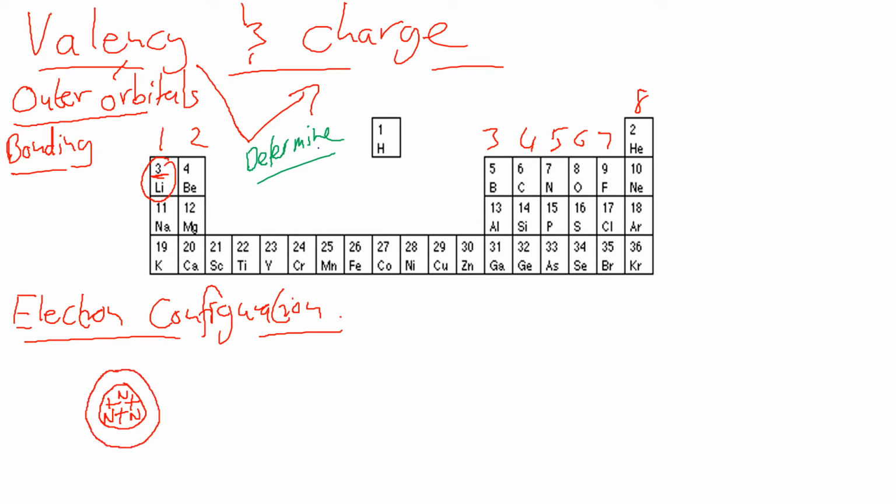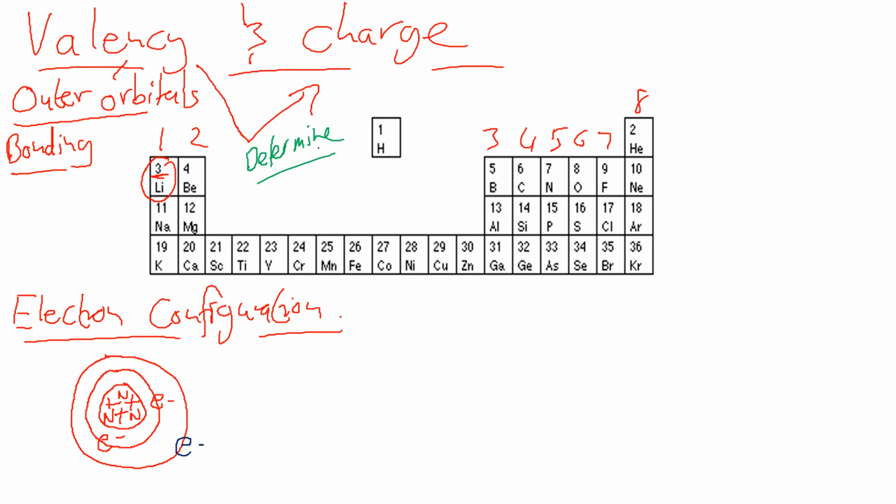So we have 3 electrons, and in the first orbital we have 2 electrons, and in the second orbital we have 1 electron.